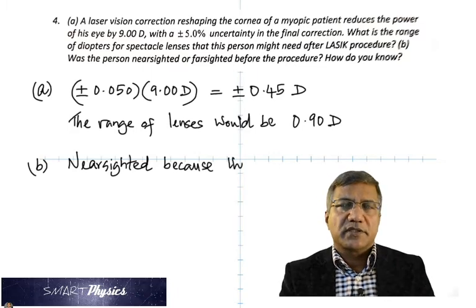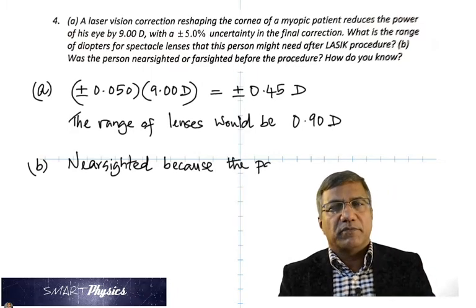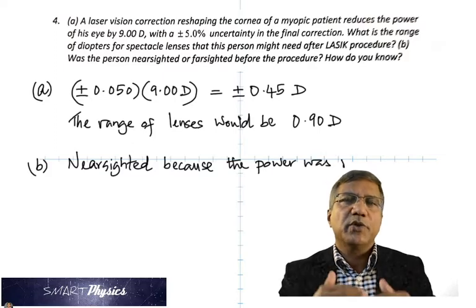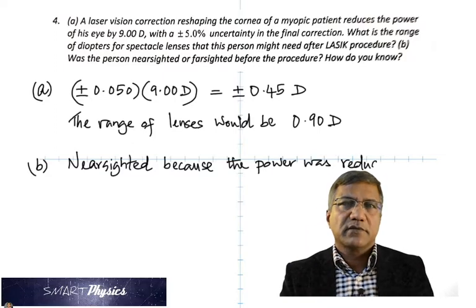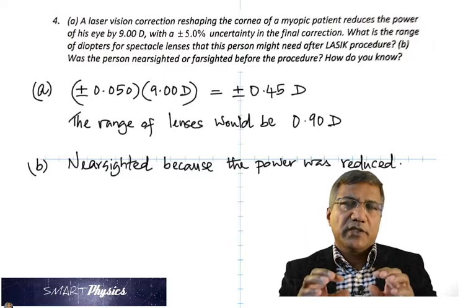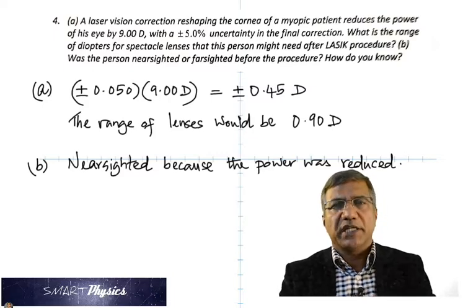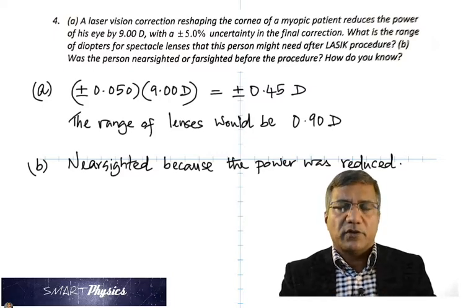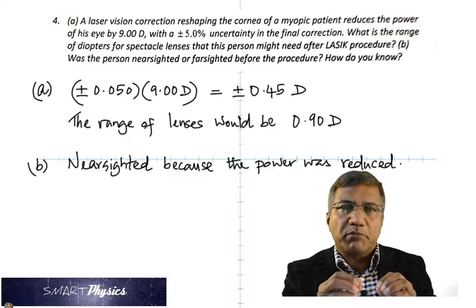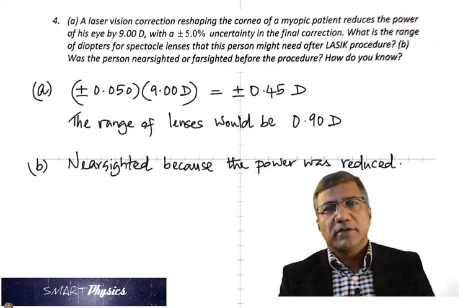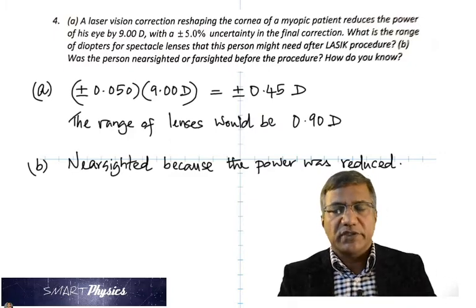Okay? Because if the person is farsighted, then you increase the power of the lens. So in this case, it's very clear that the power is being reduced. And not only that, the question itself says the patient was myopic. So the answer is in the question.